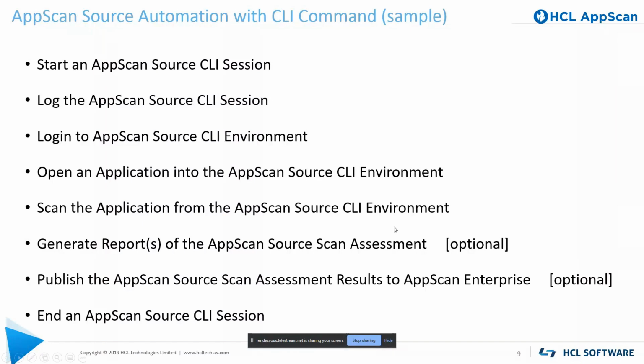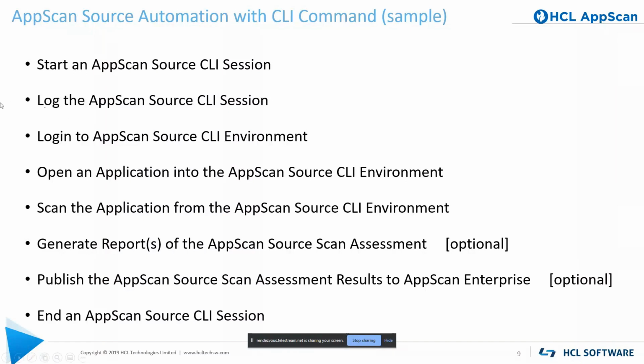Let me share my screen first. All right, this is a typical sample of how a CLI automation script is processed. When you run a scan with build automation, you need AppScan Source for Automation and a script to perform the scanning in the build environment.